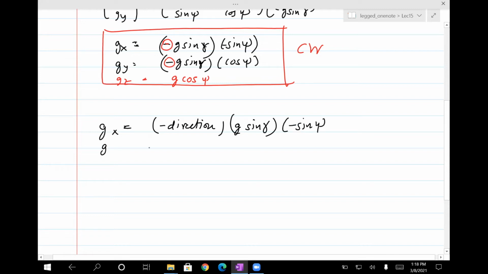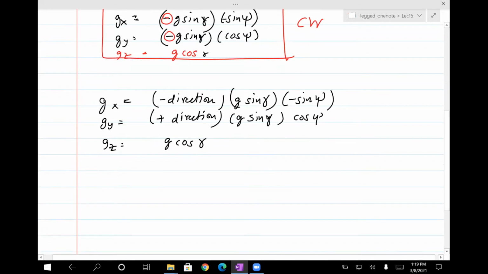Gy equals, sorry, plus direction G sine gamma cosine psi, and then Gz equals G cosine, this should be gamma.